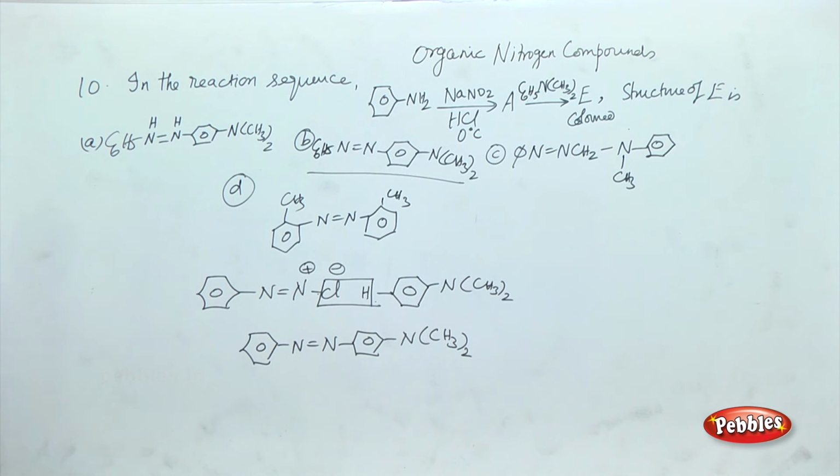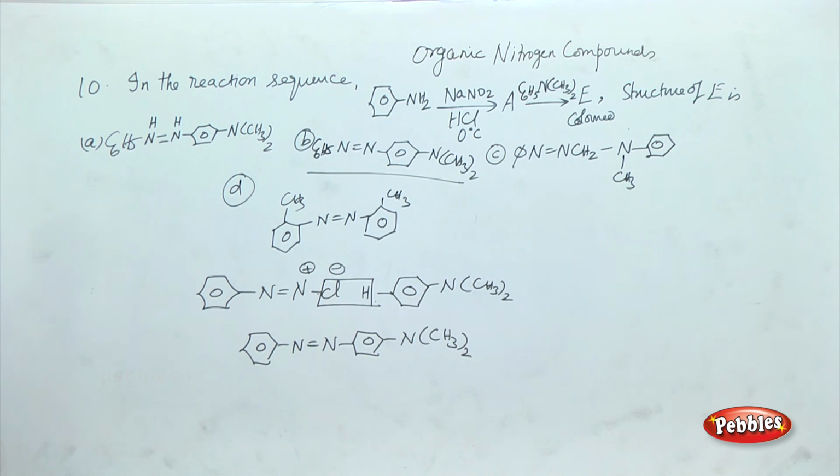To repeat the current question, that is the last question, along with the correct answer: in the reaction sequence where aminobenzene is treated initially with sodium nitrite and hydrochloric acid at 0 degree C, the product formed, A, is further subjected to coupling with N,N-dimethyl aniline.